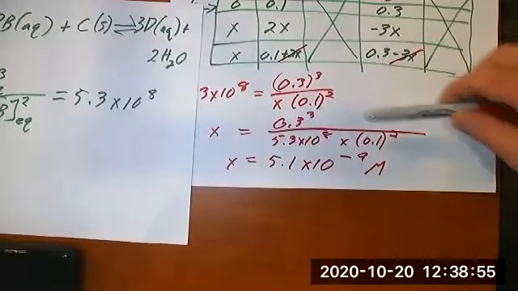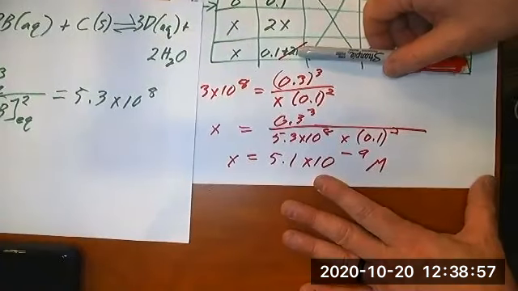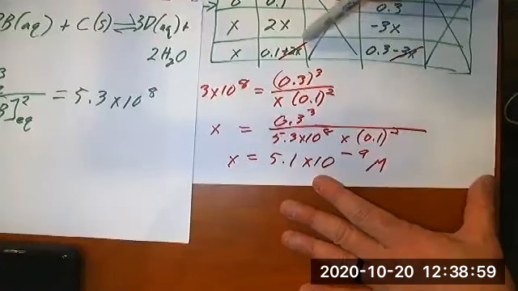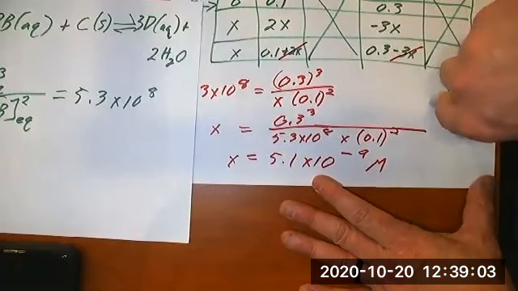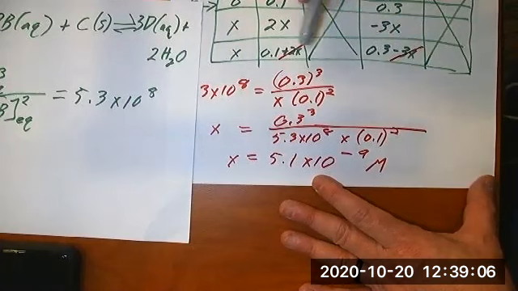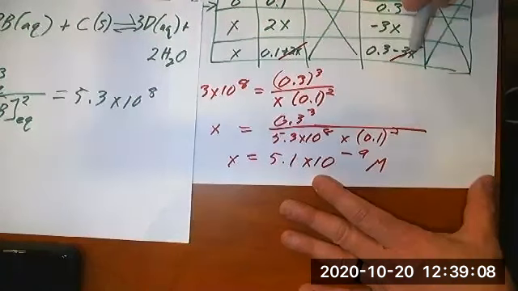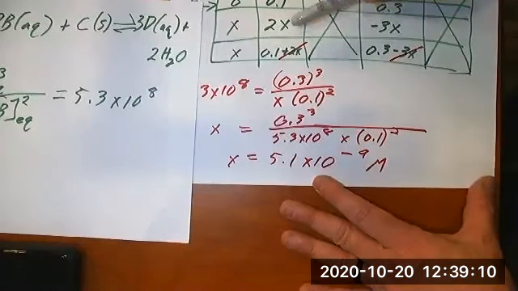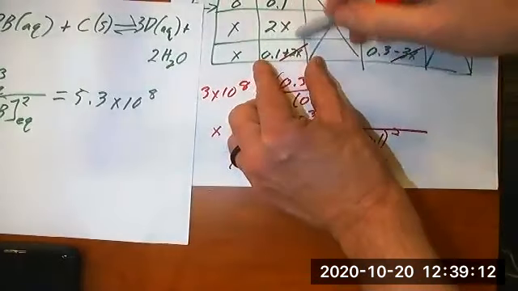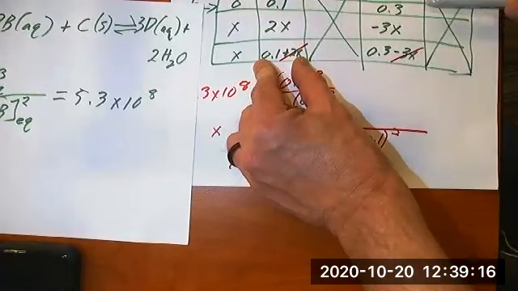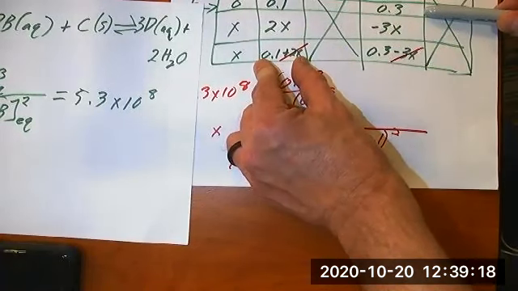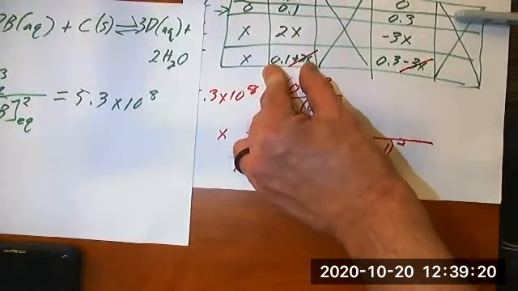So what we are doing then is saying, can we simplify the math so that we don't have to deal with that annoying polynomial by neglecting the changes? And so what we did was we said, in this box here, we have 0.1 plus 2x, but we think we are starting very close to equilibrium because we already shifted things over towards the product side.